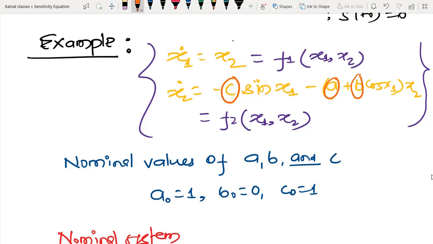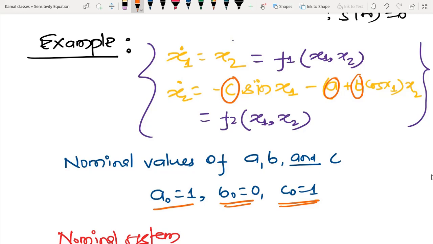Now what we are going to look into is, out of these three parameters, which parameter is more sensitive, meaning the response of this system is more sensitive towards which parameter. Initially I look into the nominal values, and I found that the nominal value of the first parameter a0 is 1, b0 is not present so that is 0, and c0 is 1.